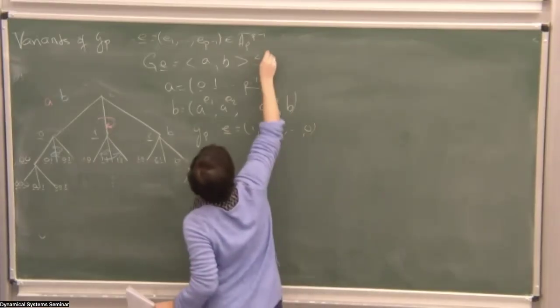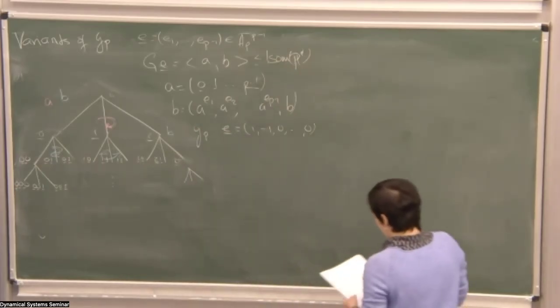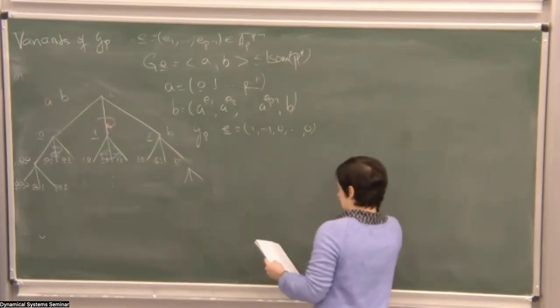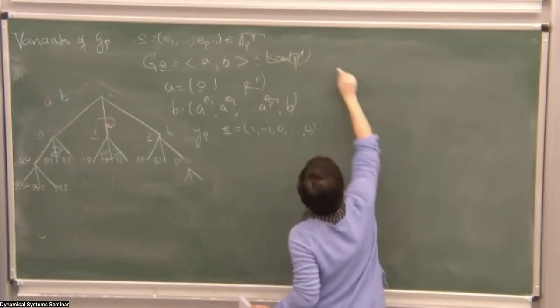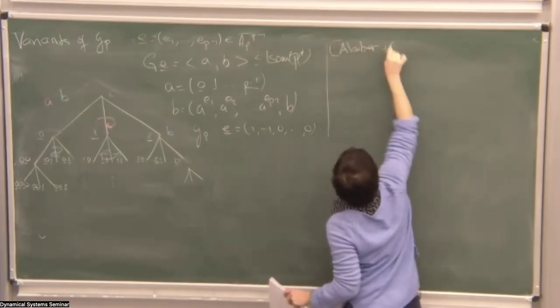Okay, so here's an example. So this is, of course, a subgroup of Aut of the p-adic tree. This is something that I showed many years ago with two collaborators from Bilbao.